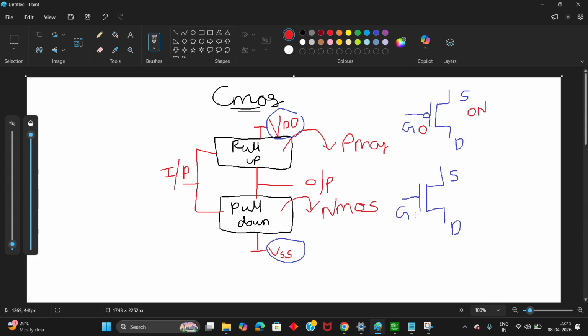If your input is 1 at the gate terminal of PMOS, then your PMOS will be off. Okay, you need to remember these things. If your input at the gate terminal is 0, then NMOS will be off. Okay, you need to remember these points.